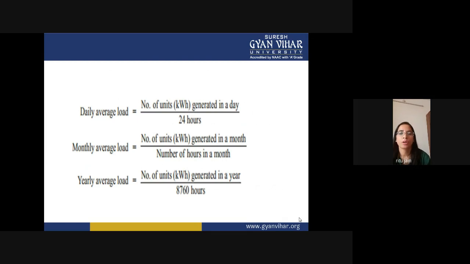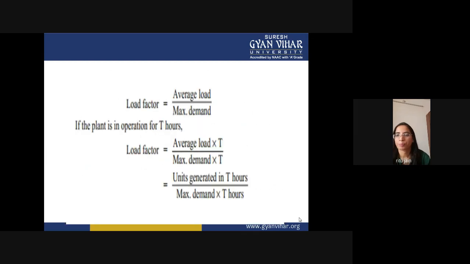Average load is calculated in kilowatts, and the number of units generated is in kilowatt hours. The load factor is equal to average load upon maximum demand. If the units generated are given in the question, the load factor becomes units generated in T hours upon T hours times maximum demand. This is your plant load factor.